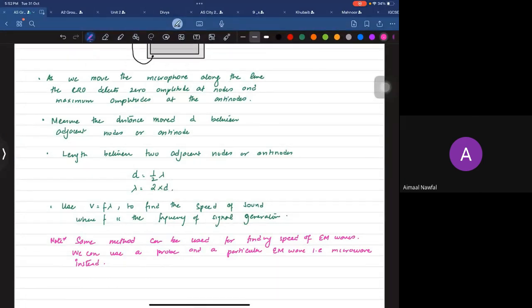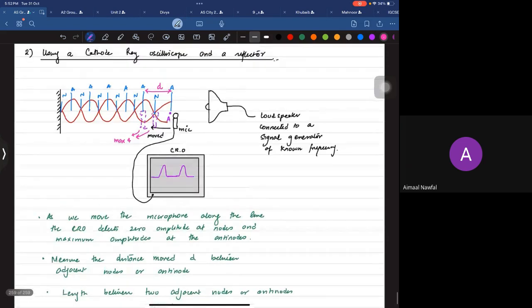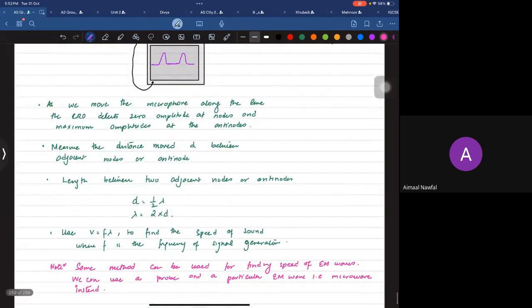So do we need to know how the probe or the sensor works for EM waves? Probe means, like a mic is to sound, a probe is to catch microwaves or infrared and stuff like that. What I'm saying is, sound waves can be detected by the microphone, right?